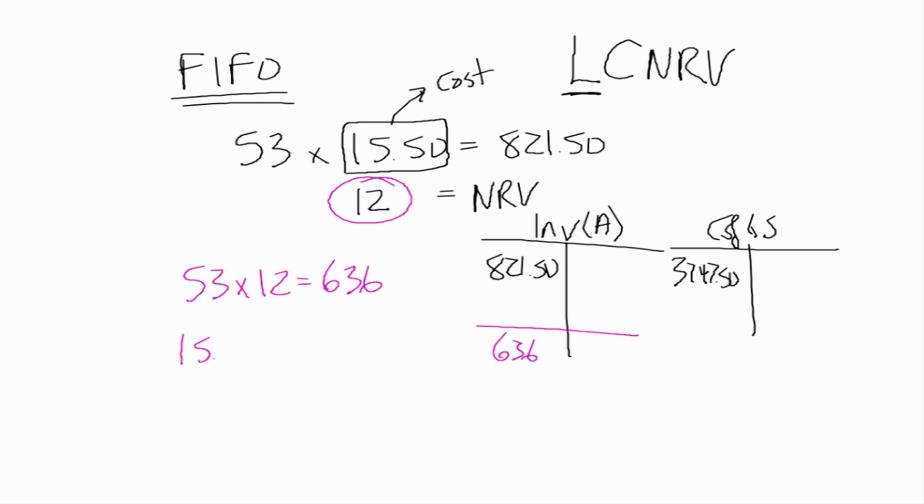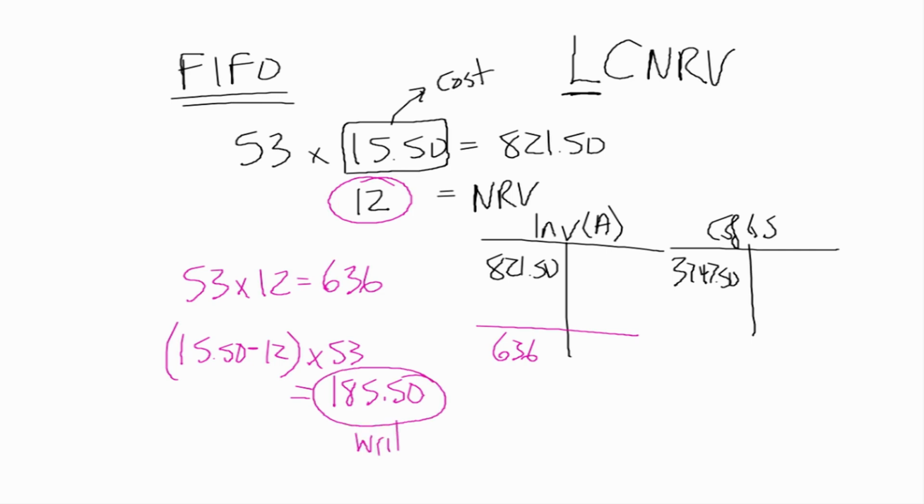So if I take the 15.50, subtract the 12, and then multiply that times 53, it'll tell me the amount of the write-down. And the amount of the write-down is $185.50. We have to write down our inventory.